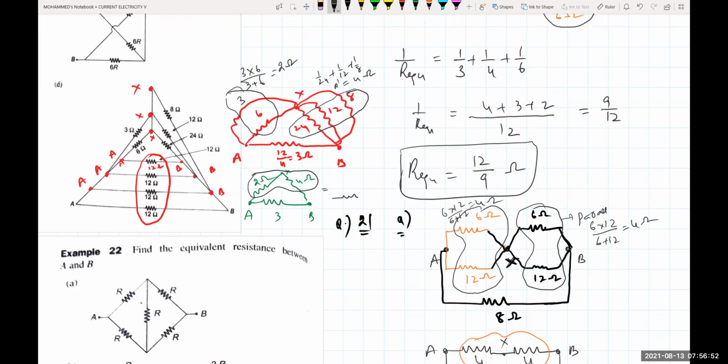So this is the point of your A. This is your point of your B. And this will be 4 plus 2. ఎంత? 6 ohms. 6 and 3 are in which combination? Parallel. 6 into 3 divided by 6 plus 3. ఎంత? 2 ohms. వచ్చిందా?